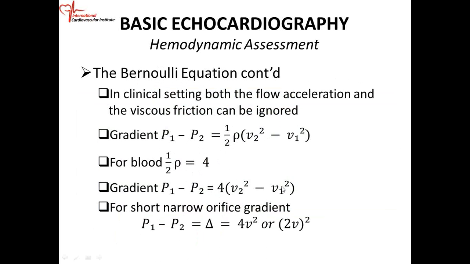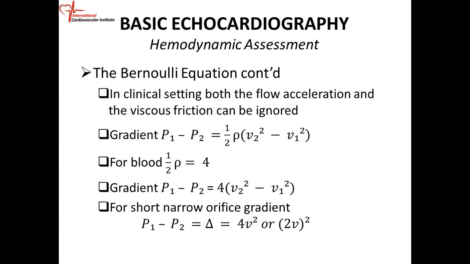But in clinical practice, we usually deal with a very short segment of obstruction. So we ignore V1 because the segment that is obstructed is usually very short. So what we're left with, the modified Bernoulli equation, is 4V squared, and you have to remember this.